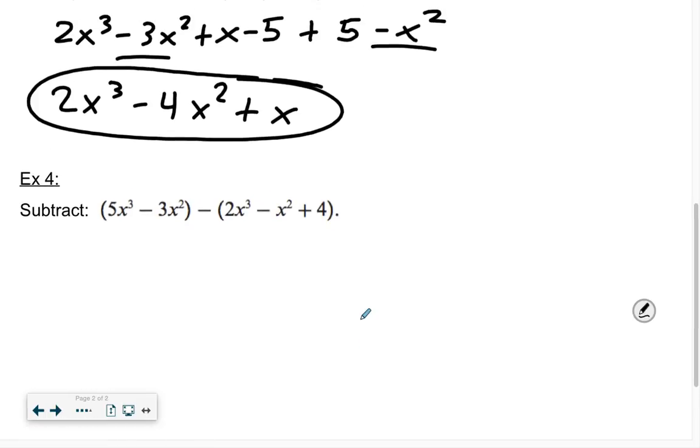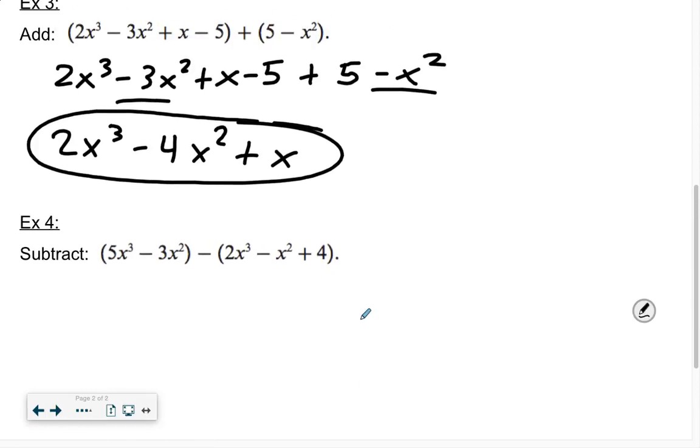The game changes slightly when we subtract because something takes place here. What happens is this minus sign, or that subtraction sign, now plays a role. And the way I like to view it is essentially we need to multiply the polynomial by -1. Another way students like to refer to it is they are just flipping the signs of the terms on the inside.